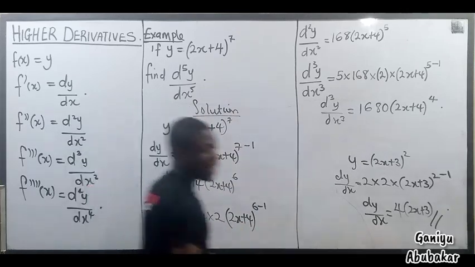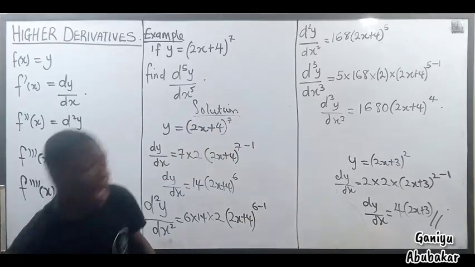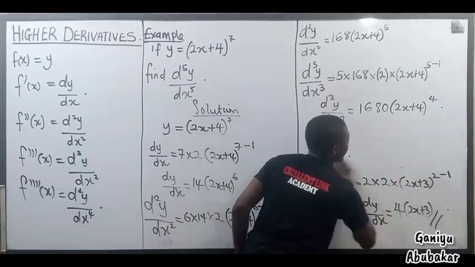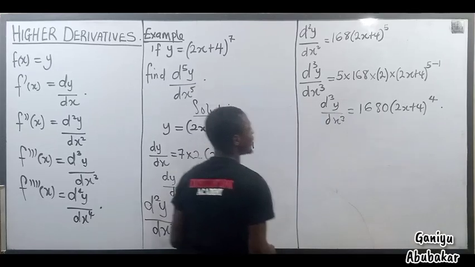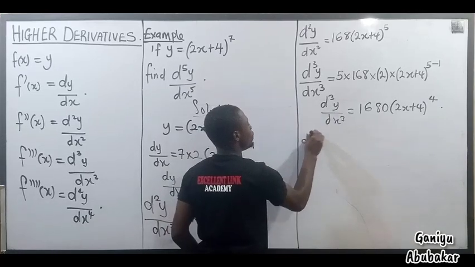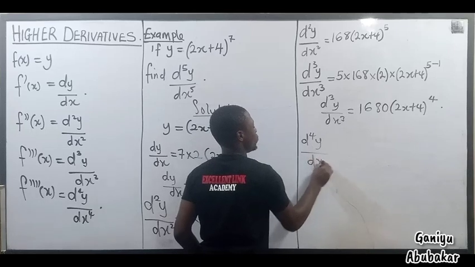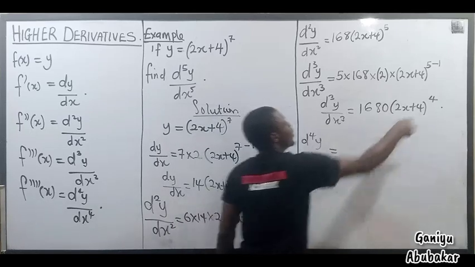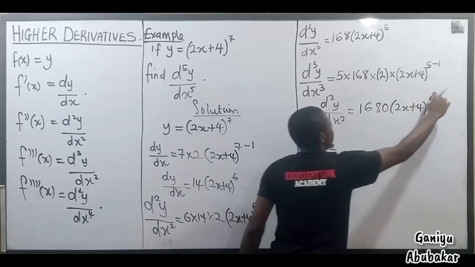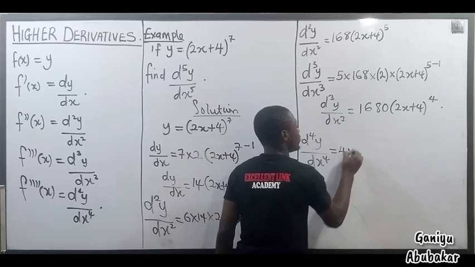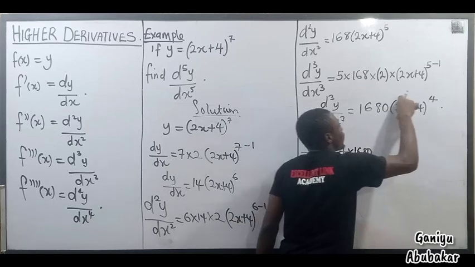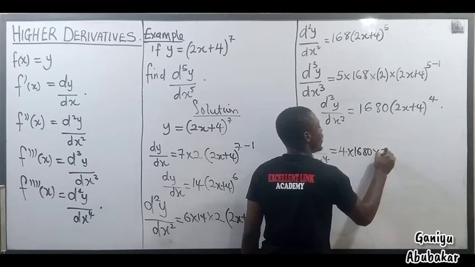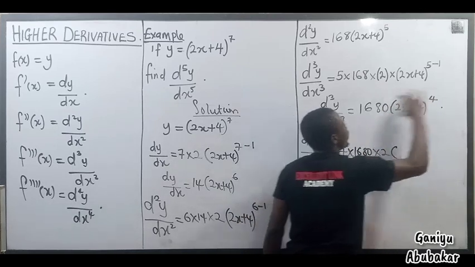Next up, let's get the d⁴y/dx⁴ value. So d⁴y/dx⁴ is equal to, differentiate this here. I'll put 4 down times what I'm seeing here, 1680. Next up, differentiate the term in brackets. That's 2. Next up, repeat the question.